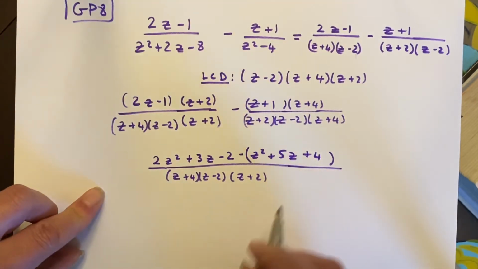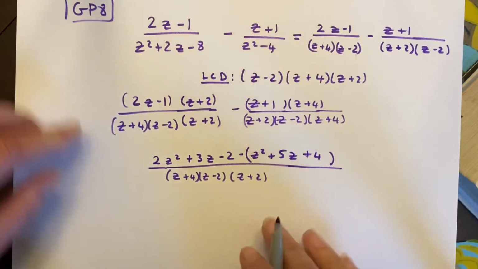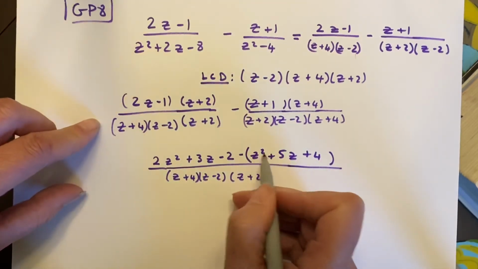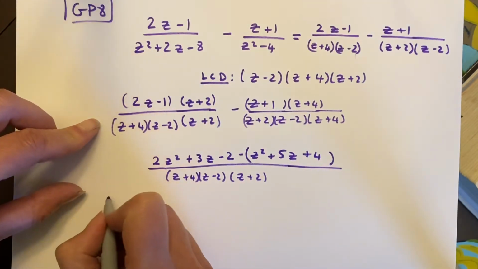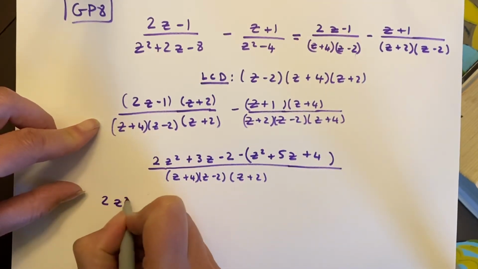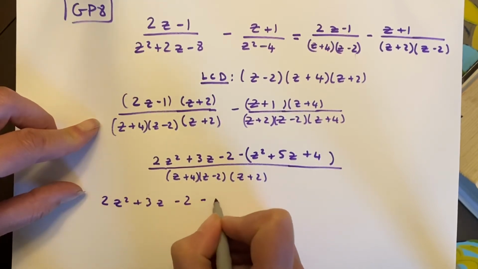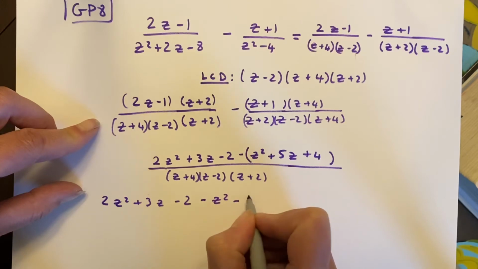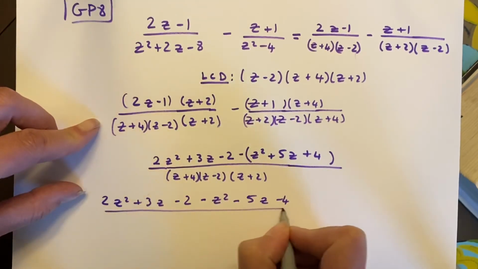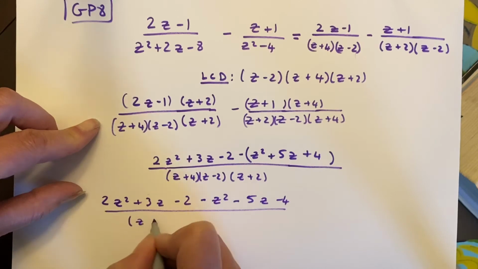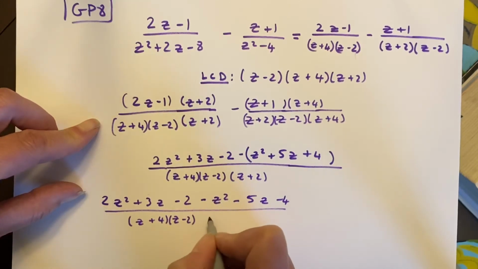I'm going to take one more step as I do this because if I don't, I'm likely to make a mistake. And I'm going to change all my signs. So 2z squared plus 3z minus 2 minus z squared minus 5z minus 4 over z plus 4, z minus 2, z plus 2.